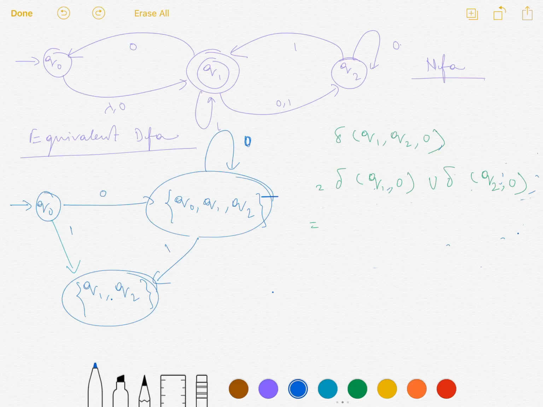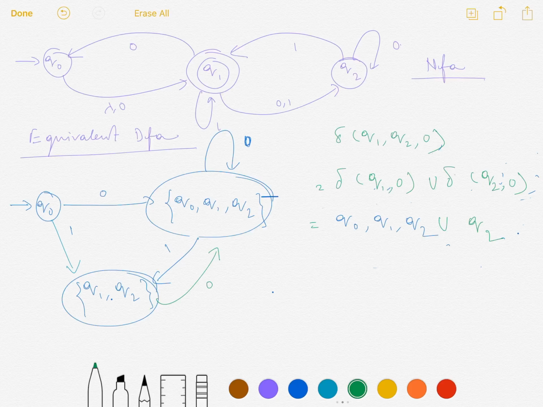So, delta Q1 0 is going to all the states, Q0, Q1 and Q2, union delta Q2 0, which goes to Q2 and nowhere else. So, ultimately if I give Q1 Q2 0, it is going to Q0, Q1, Q2. So, no other states are left.